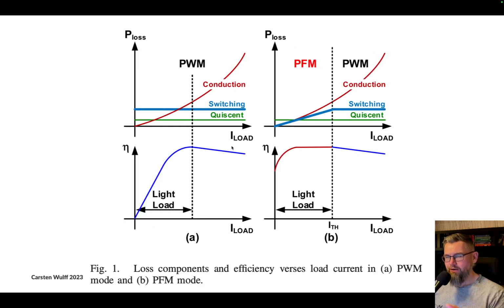Now, the main point about PWM versus PFM is that PWM is excellent for really high loads because the switching currents, so every time you switch the PMOS and NMOS on and off, you discharge and charge the node on the, let's call it the left side of the inductor.